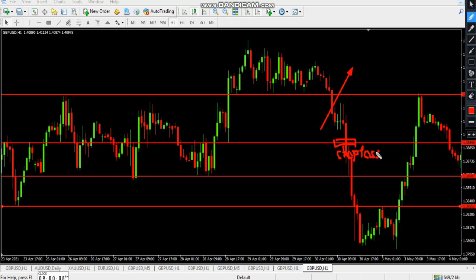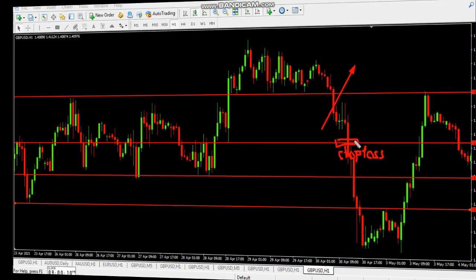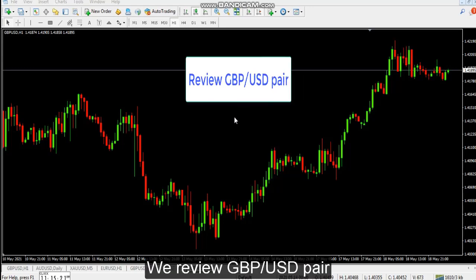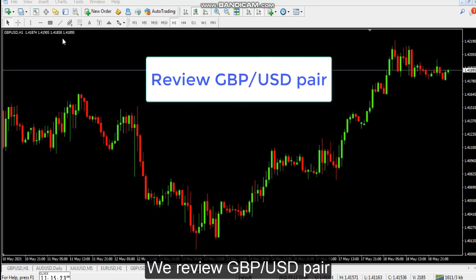Now we will review. Now we review the GBP USD pair. First we find in brown the best barrier.